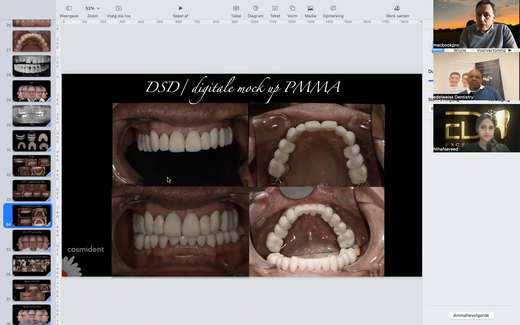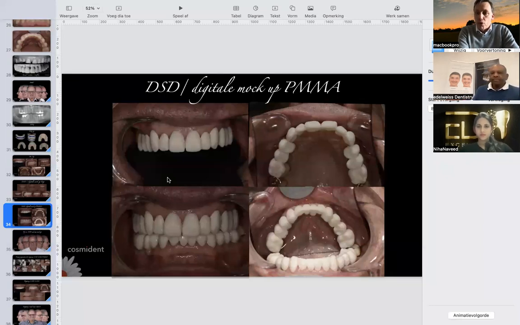But the main reason why I brought up a case like this is, if you want to do it in a proper way, like I did here, first of all I had to produce PMMA restorations. Second, I had to produce temporary restorations, solitary on every tooth. Third, I went to what we call temporary zirconium restorations. And fourth, we went to the definitive zirconium restorations.